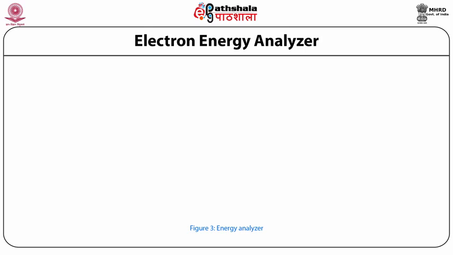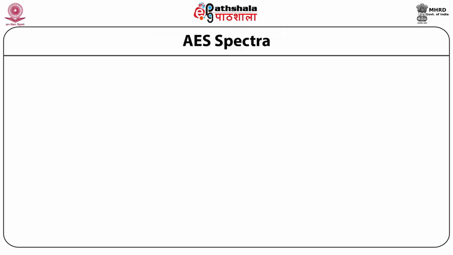In other words, electron transmission through a CHA is lower at a pass energy of 10 electron volt than at 100 electron volt. An Auger spectrum is commonly recorded by changing the CHA pass energy in the CRR mode.